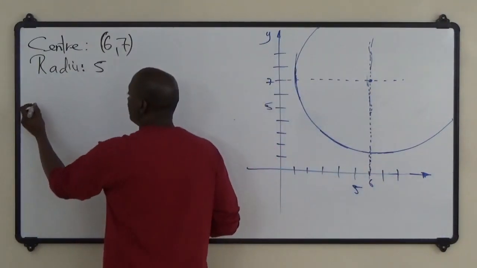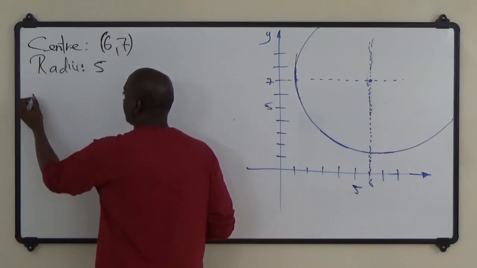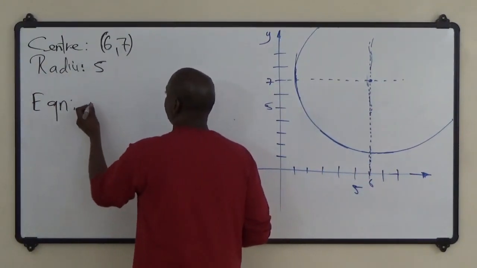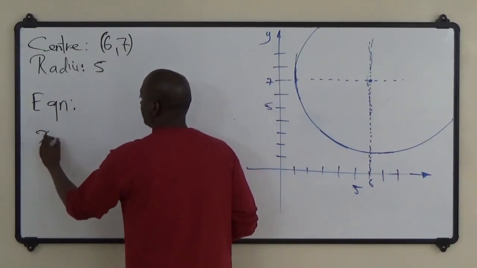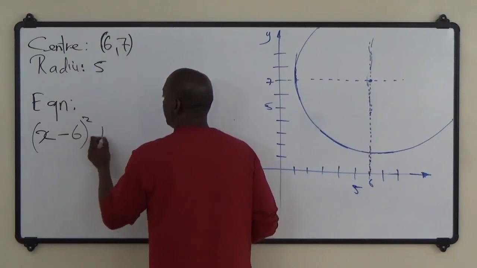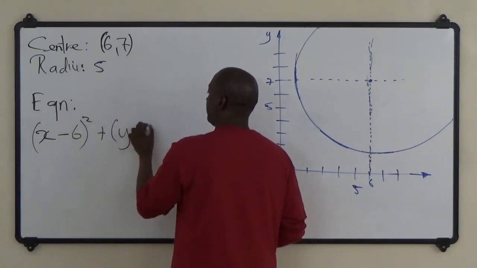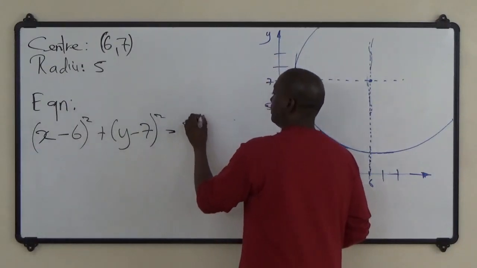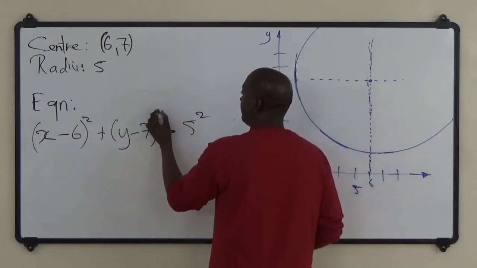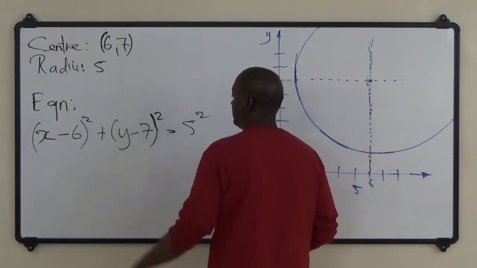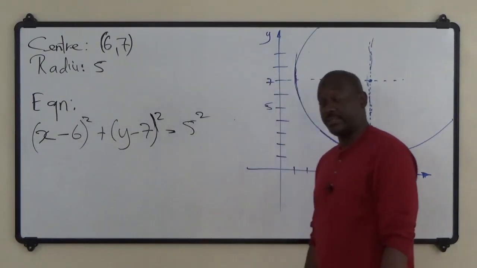All right, so the equation of the circle is, watch it now. The equation would be x minus 6 in brackets squared plus y minus 7 in brackets squared is equal to 5 squared. All right? That is the equation of a circle.